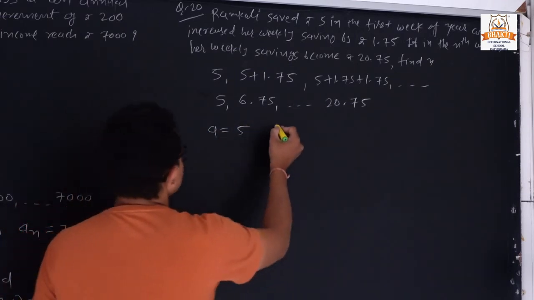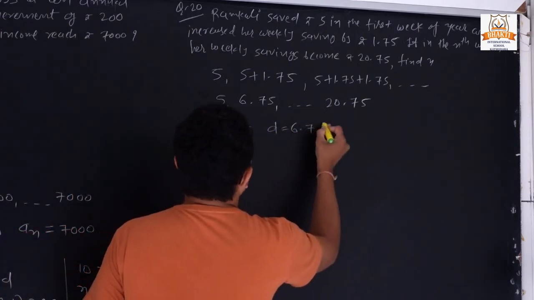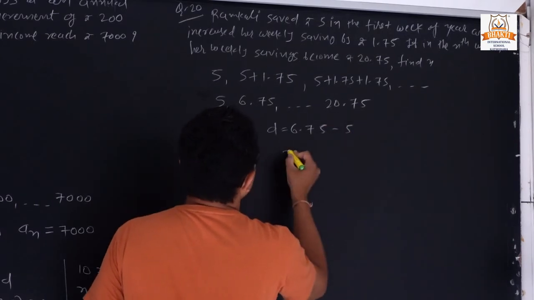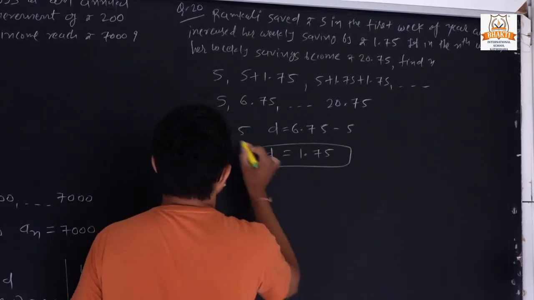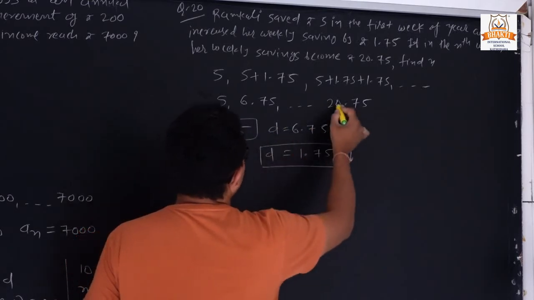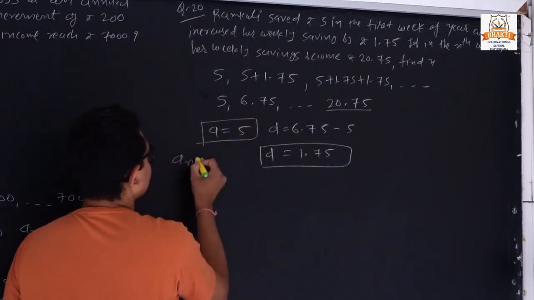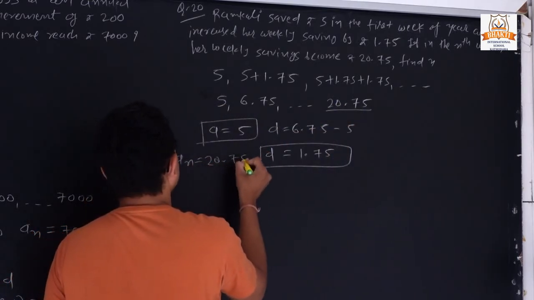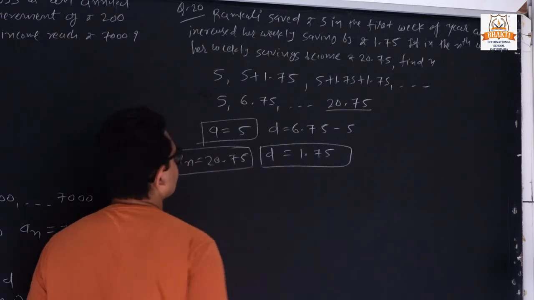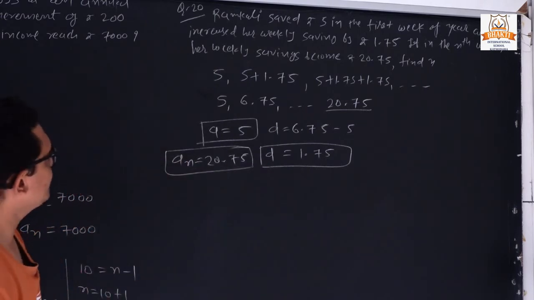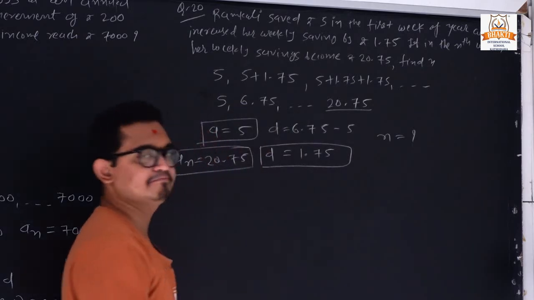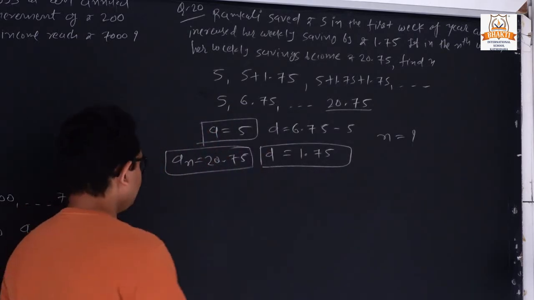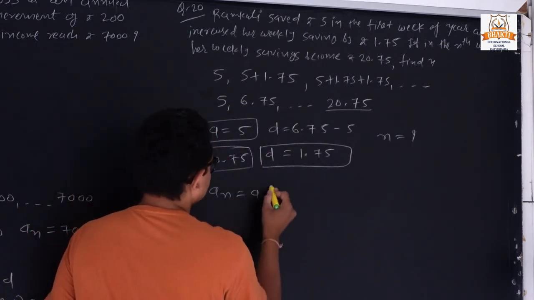Now the difference, second term minus first term, so it will be 1.75. And what is the value of an? It is also given, 20.75. Now we want to find out which week, so n. Now we will put all the values in our formula.